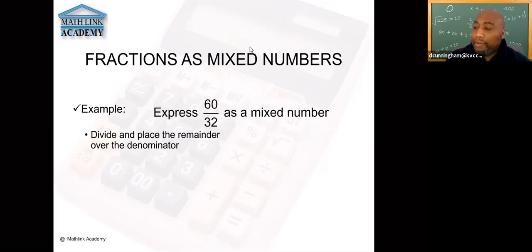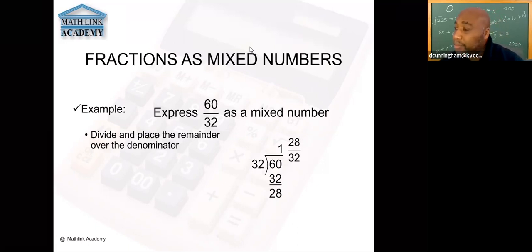In this case, we'll let this PowerPoint show us how to do this. So we know we're going to divide 32 into 60. And what it says here is 1 times 32, because if we use 2 times 32, that will actually give us 64. It's bigger than 60, so only 1 will work for this case. So 1 times 32 is 32, notice that.